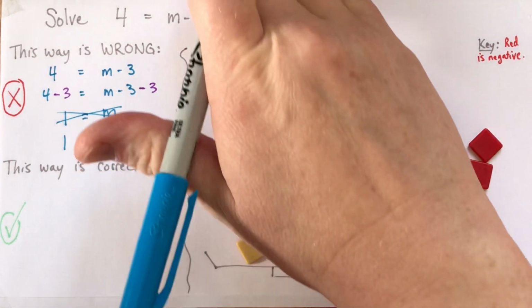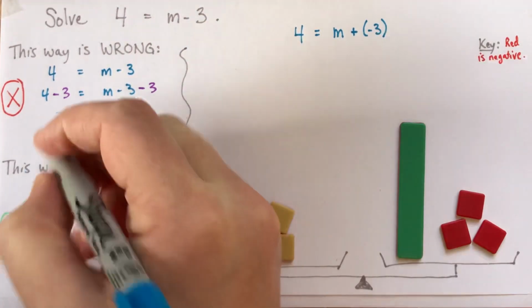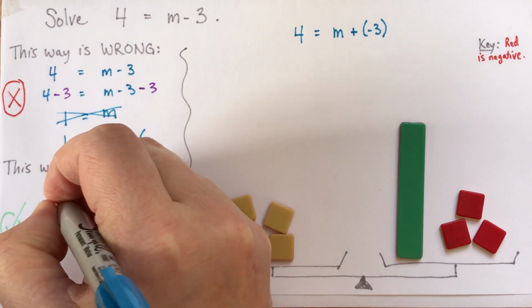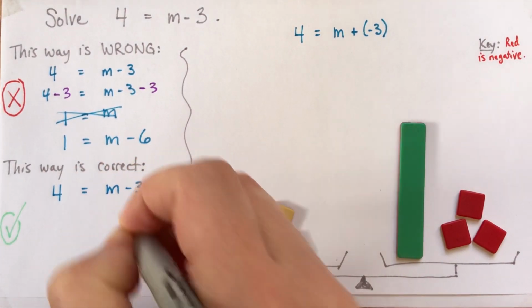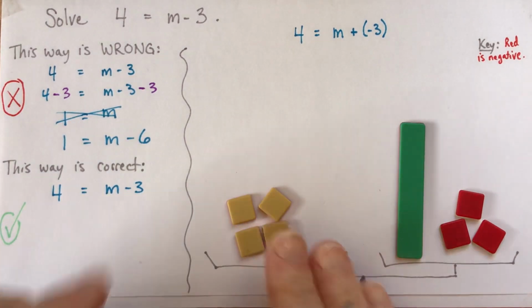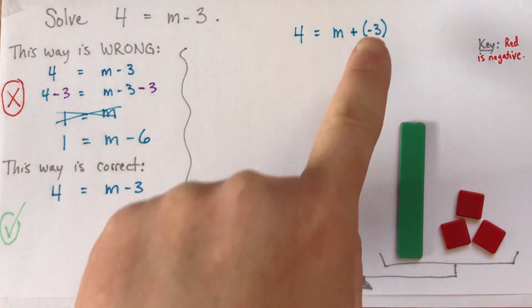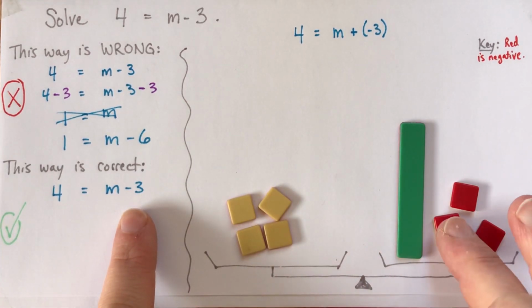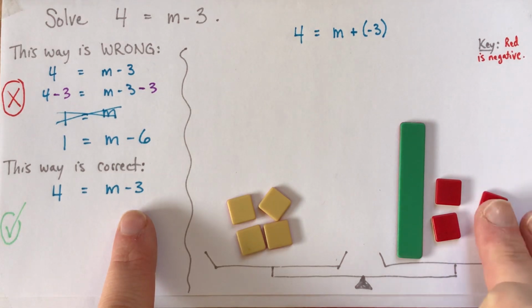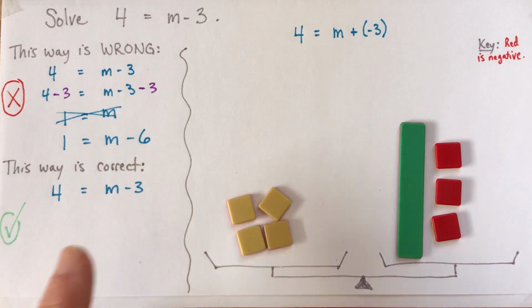I won't subtract 3 from each side. So we'll start here with 4 equals, I'm just copying the equation, m subtract 3. And here's our representation with the algebra tiles. 4 equals m plus negative 3, so that's equivalent. The algebra tiles can help us understand what went wrong there, because we ended up with 6 reds, which is not equal to 0 at all.